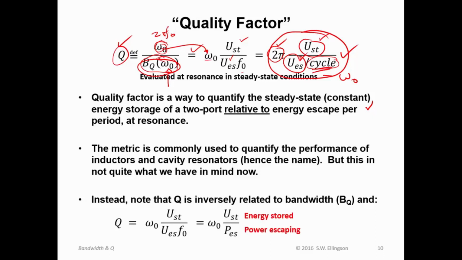One more thing to look at here is I can go back to this expression, which I've rewritten here, and I can observe that this, again, can be rewritten as U sub ES divided by T naught. That's energy per unit time, so that's power. So another way of thinking about Q is that it is the ratio of energy stored to power that escapes times omega naught. That's yet another way of thinking about it.